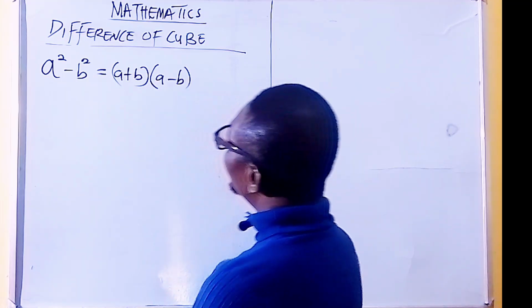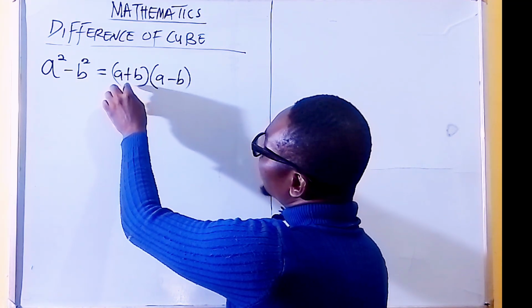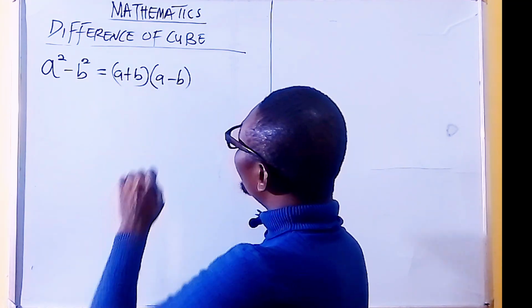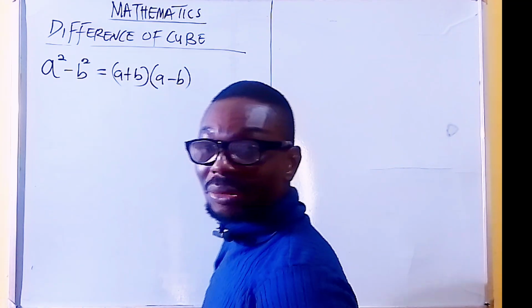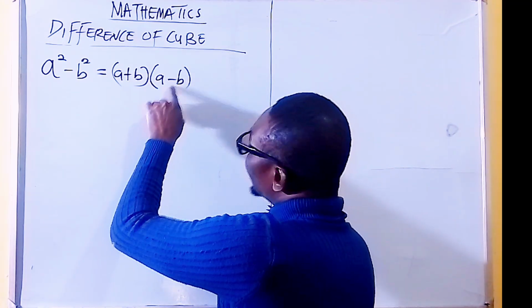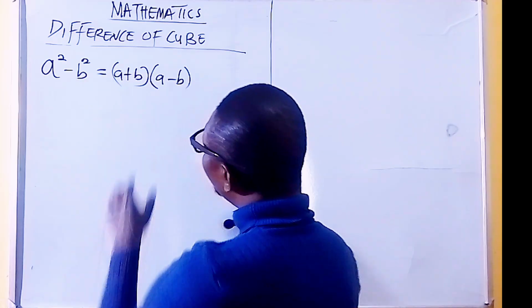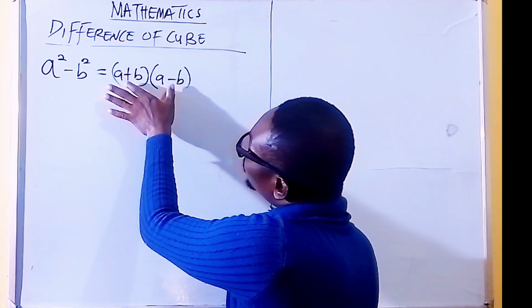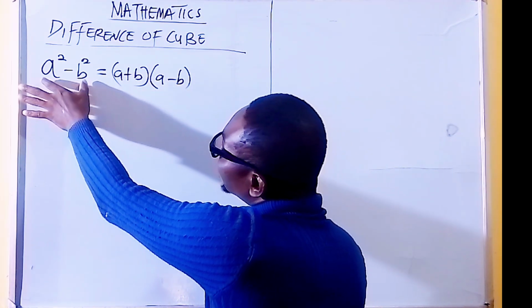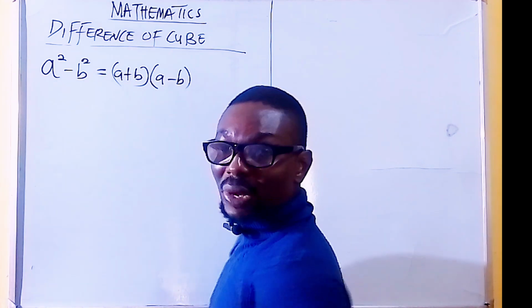That is, one of the binomials is carrying a positive sign, while the second binomial is carrying a negative sign. If I expand these two binomials, I'm going to get back the difference of two squares.